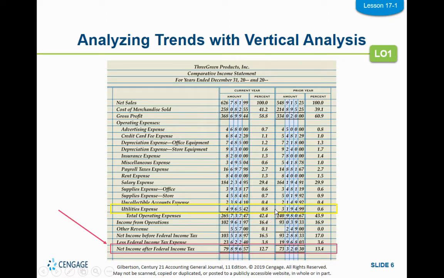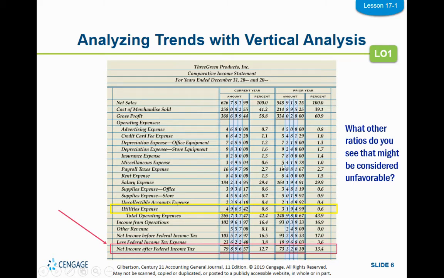Now, utilities is one of those that you may not have much control over. If the gas company or the utility company raises their rates, you may not have much control over how much that goes up, but that's a whole other thing. So are there any other ratios on here that you see that might be considered unfavorable? As you look through there, the miscellaneous expense went down.